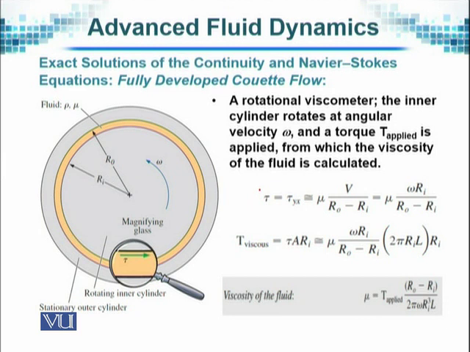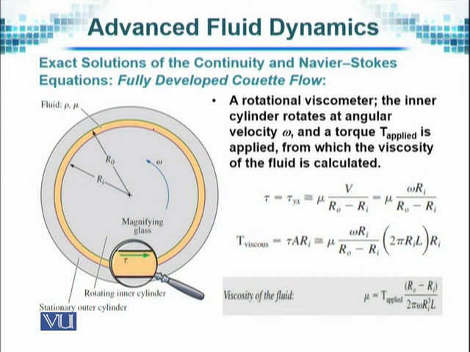So in this case, the fluid motion takes place between two surfaces such that one is fixed while the other is being given rotation. You can see that this yellow color is where the fluid is.